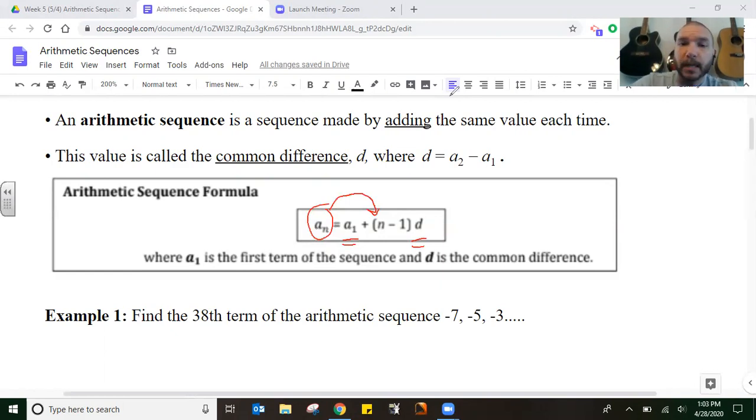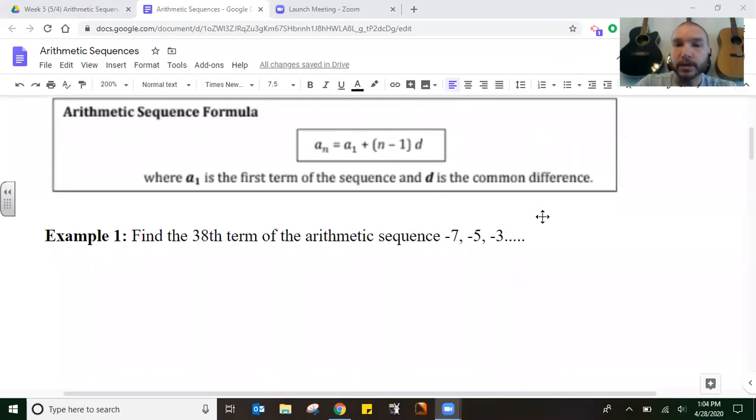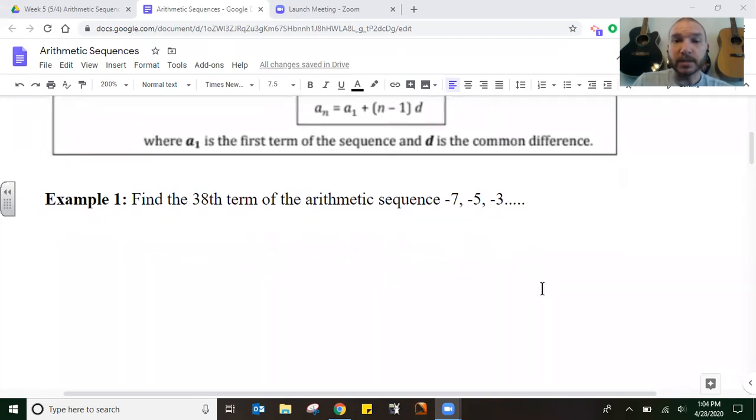For example, if I wanted to find the 38th term of this sequence here, of course, we could understand that it's just adding the same number every time. So why don't I just save myself the trouble and add whatever value it is every single time? Because we'd have to go 38 times, and that's a lot.